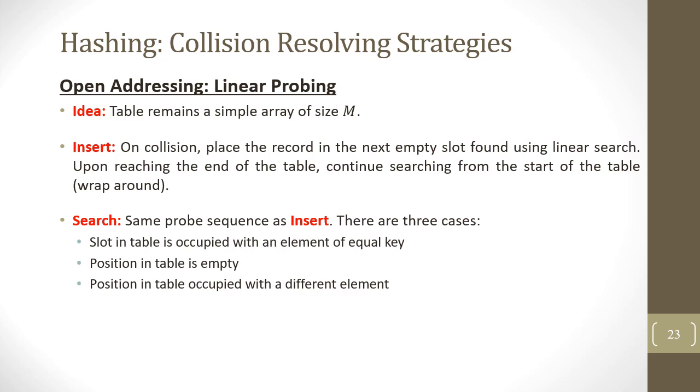And the third case is the position in the table is occupied with a different element, which means that two elements have the same hash but the key is different. So that is not the item we are looking for. So we will move on using the linear search to the next slots until we have found the value we are looking for.